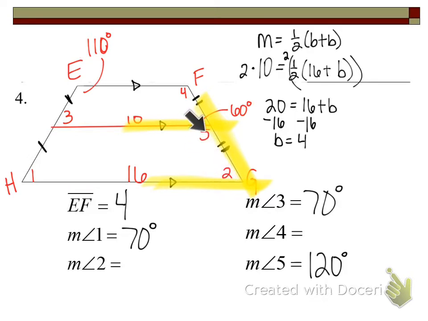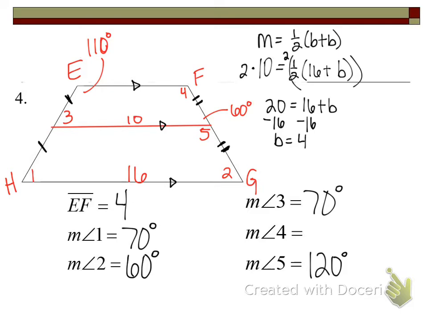They're consecutive interior. Or we should be able to see that 2 and the angle that's marked with 60 are corresponding. Either way, what's the measure of angle 2 going to be? 60. Do we see it? Now it can be a little hard when these diagrams start getting busy.